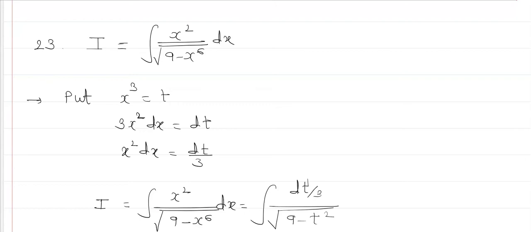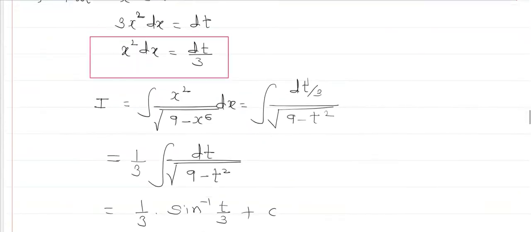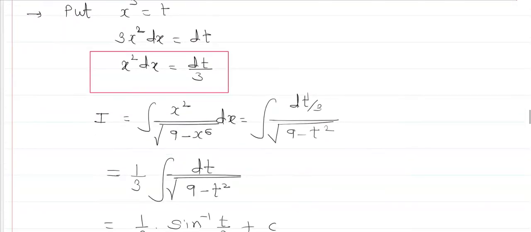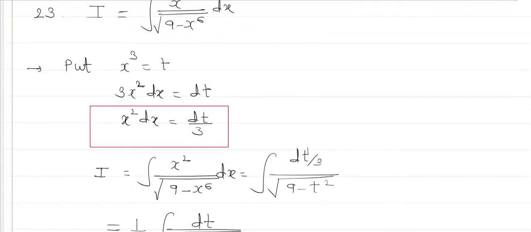Now this I can write in the bracket. This is the important value always we have. Therefore, I is equal to integral x square dx upon under root of 9 minus x raised to 6. The value of x square into dx is dt upon 3, upon under root of 9 minus, see this here, x raised to 3 is equal to t.